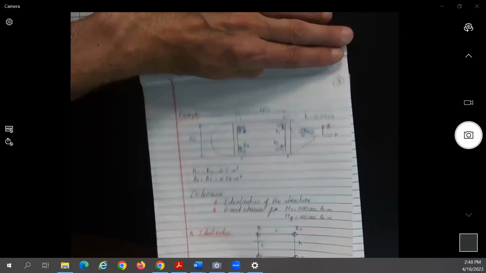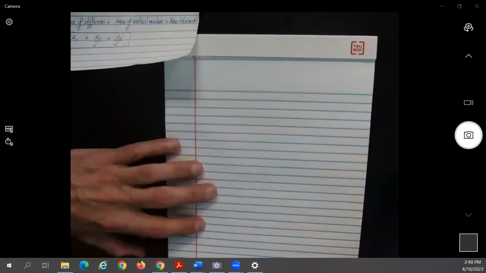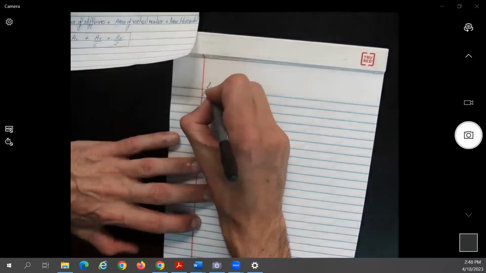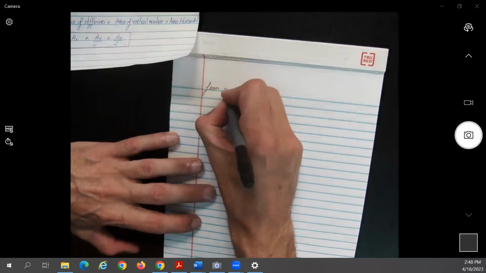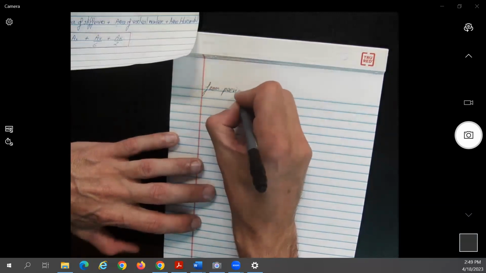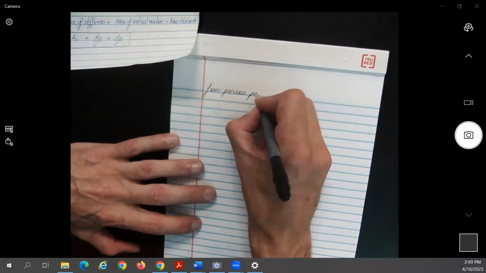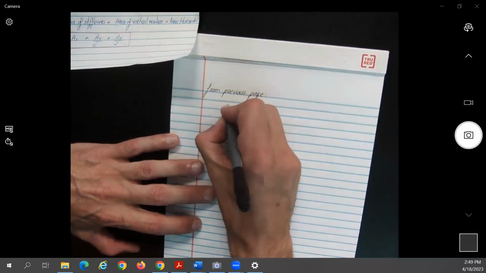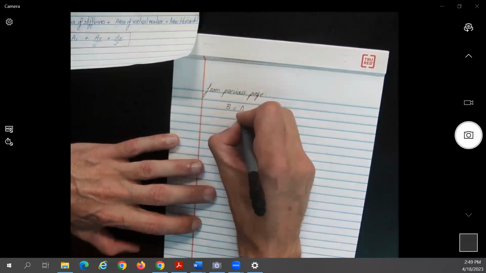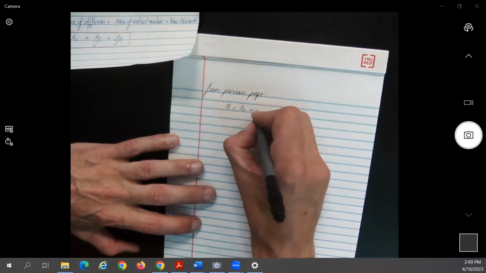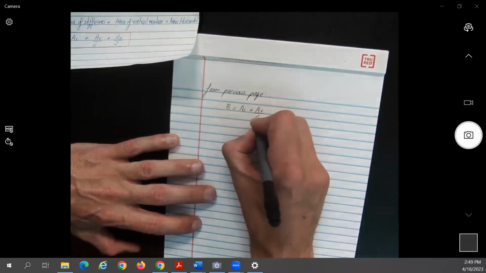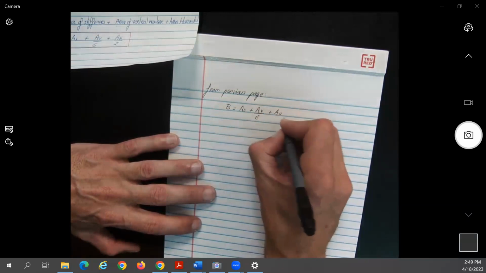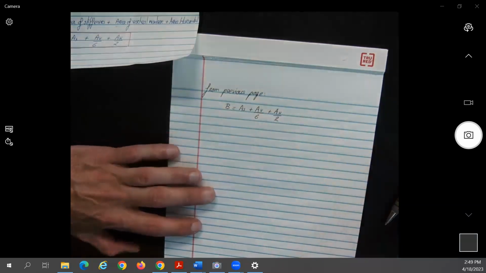Okay, so I'm just going to go to the next page and rewrite the same equation. B would be equal to the A stiffeners plus A vertical over 6 plus A horizontal over 2.